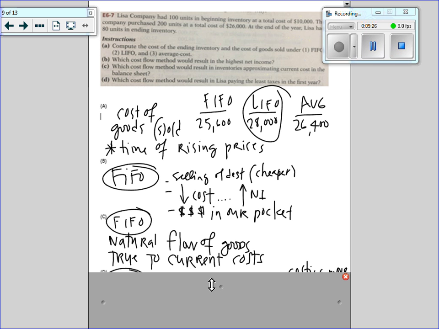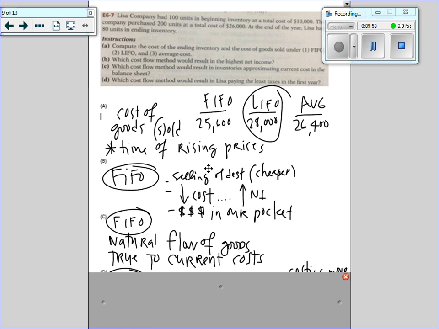FIFO, because of that whole, it's the natural flow of goods. Go back to the Willys strawberries. You're going to sell your old ones before your newer ones, unless you're like me and dig in the back of the produce pile. It reflects the current cost. It's the natural flow. As products come in, we're valuing in those prices.